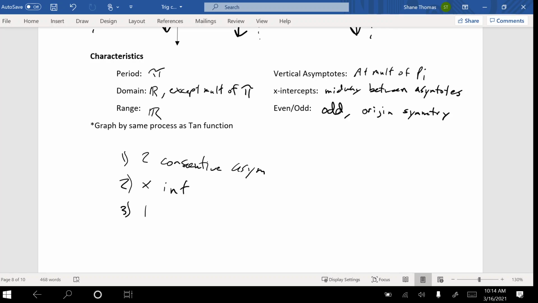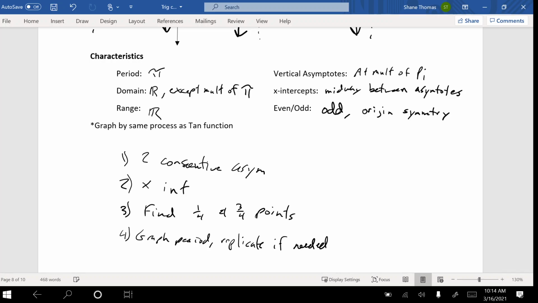Third, you find the quarter and three-quarter values in between the asymptotes. That gives you the intermediate points from your x-intercept until it goes off into infinity. And then with that, you would graph a period and then replicate if needed. If they want you to do 2 periods, you would do two sets between the asymptotes.